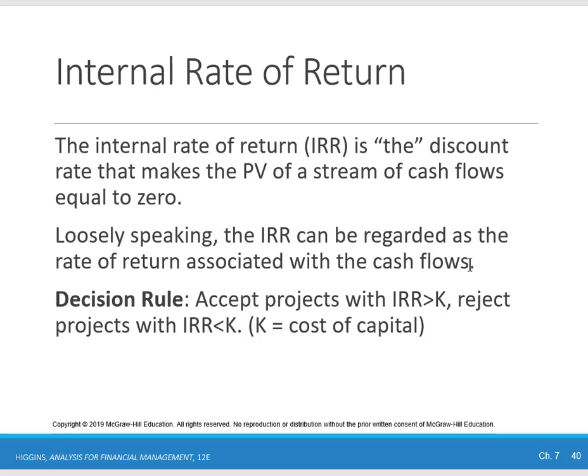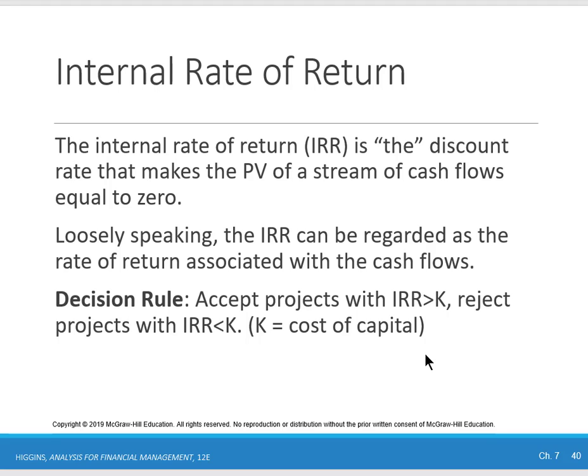What makes this difficult is that most of the cash flows are going to be uneven. So the decision rule says you accept the project if the IRR is greater than the cost of financing or the cost of capital. And of course, you reject the project if it is less than that.